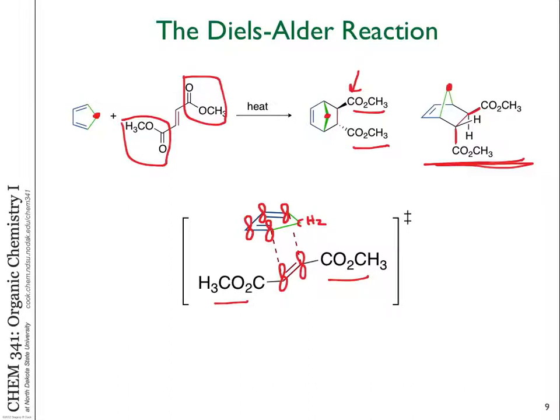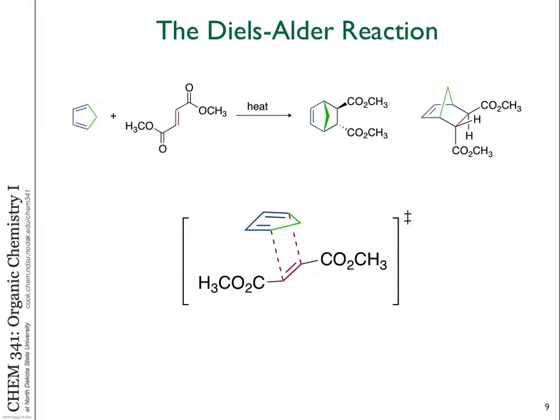So notice, let me just clean that up a little bit. Notice those substituents and the groups related on the cyclopentane ring. So there should be a hydrogen coming out here that I haven't drawn and a hydrogen going back here. Notice those dotted lines, as those lines are forming, what is the relative relationship between these groups and the groups on the cyclopentadiene?